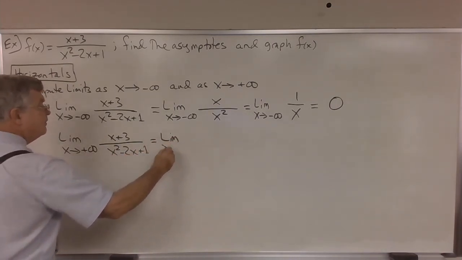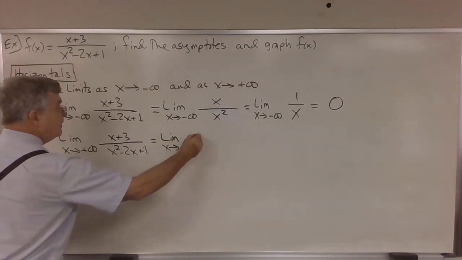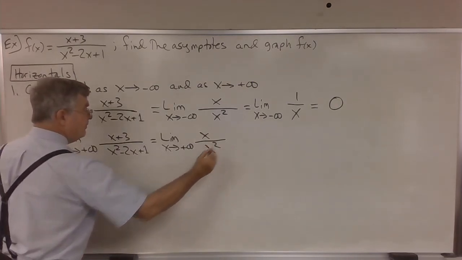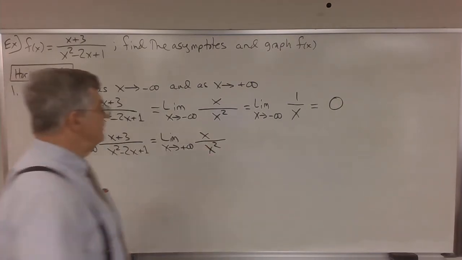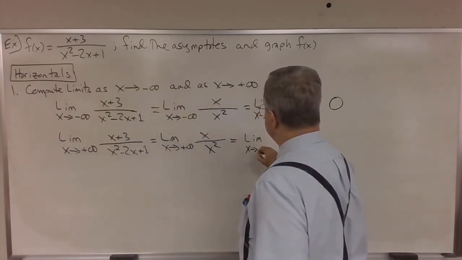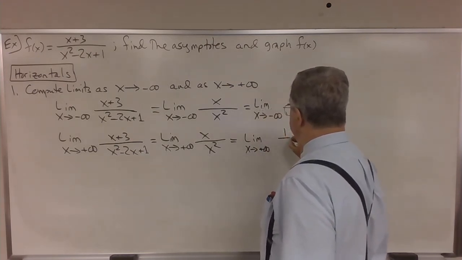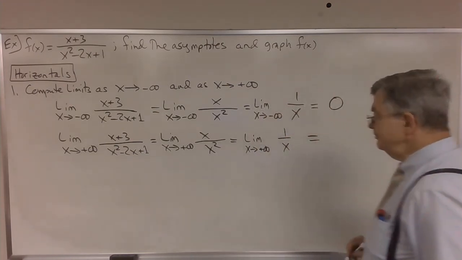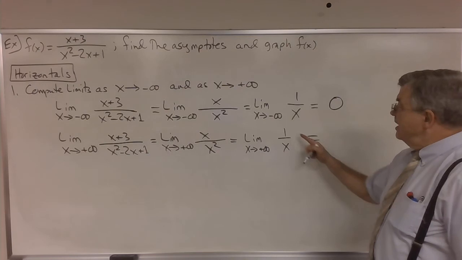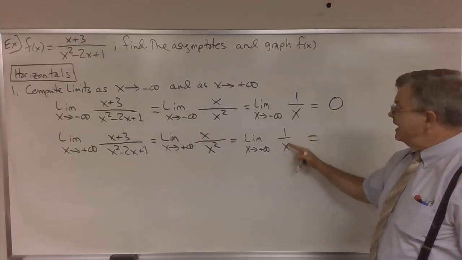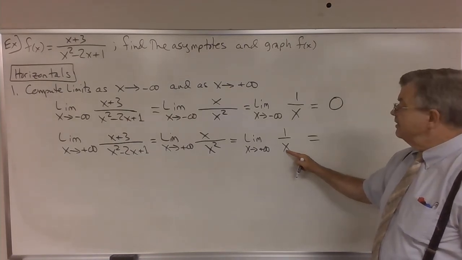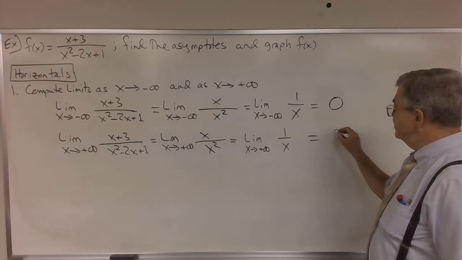So we only keep the term of highest degree in the numerator and in the denominator, and we simplify from there. Well, here we go again. X, the denominator, is going to infinity. We've got a small number divided by something very large. So little number divided by big number, that's going to go to 0.